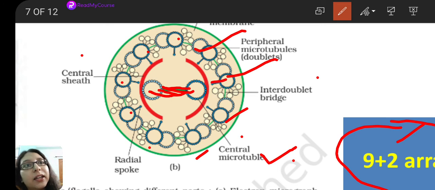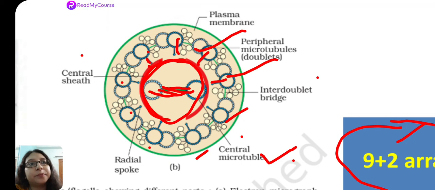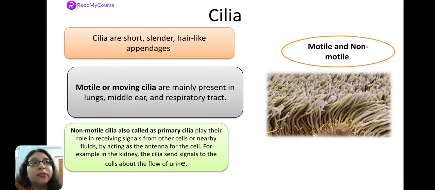Yes, these are the radial spokes, and this red structure, what is this? This is the central sheath. So these radial spokes, which are extending from the central sheath, connect them to the peripheral microtubules, which are arranged again in pairs, that is in doublets. Okay, I think you have understood this much. Okay, so with that we move on to the next slide.